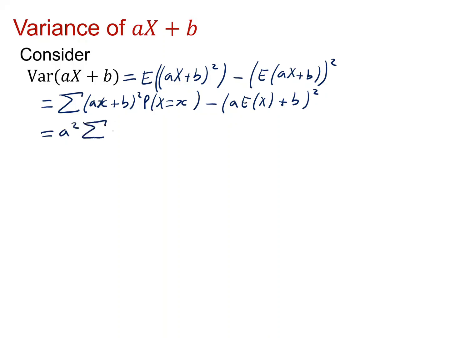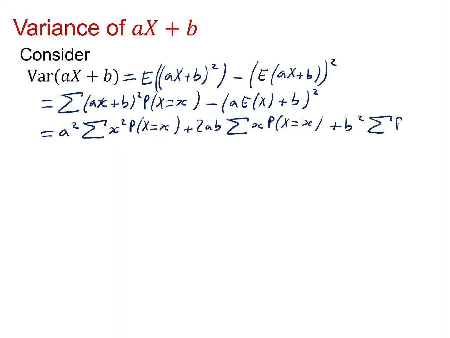So I'm going to get a squared times the sum of x squared times the probability that X equals x plus 2ab times the sum of x times the probability that X equals x plus b squared times the sum of the probability that X equals x minus a squared times the expected value of X squared minus 2ab times the expected value of X minus b squared.